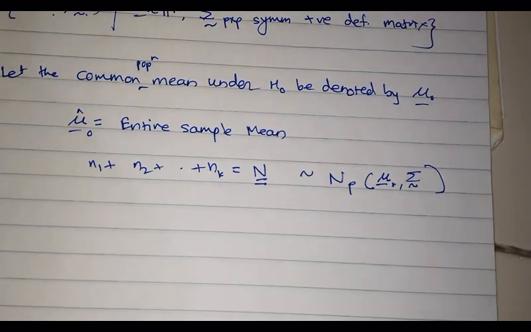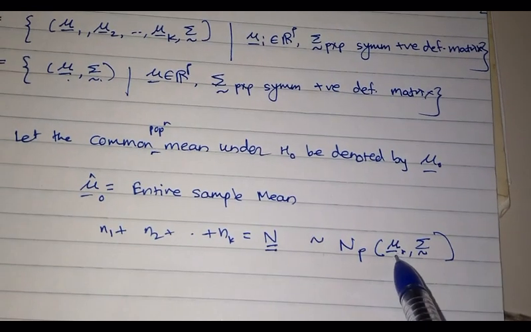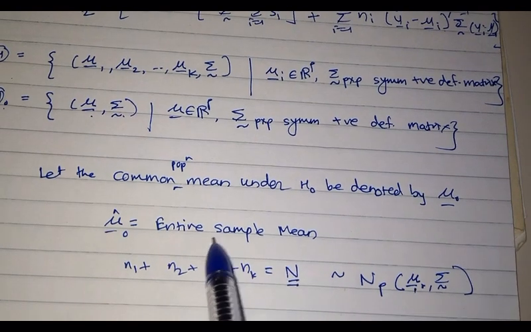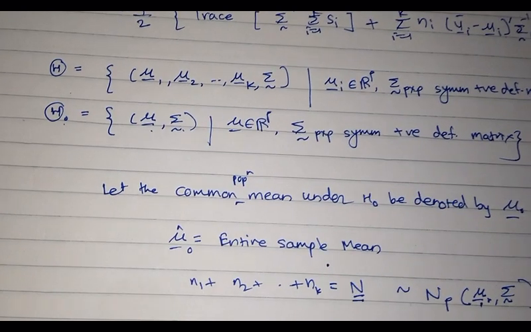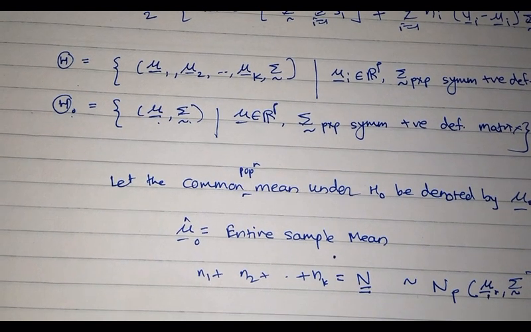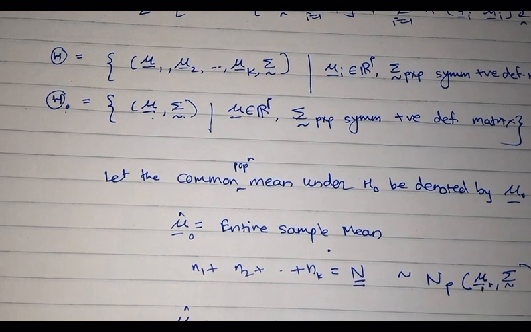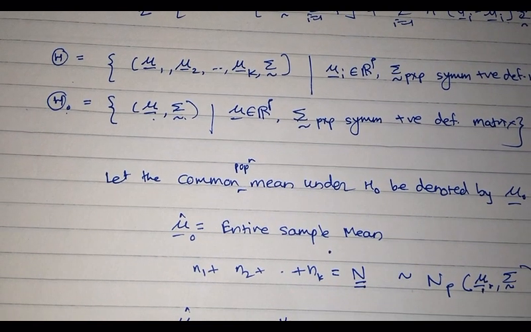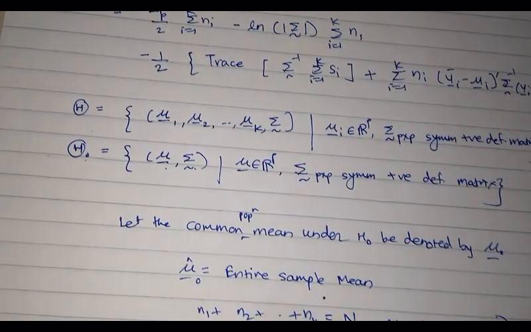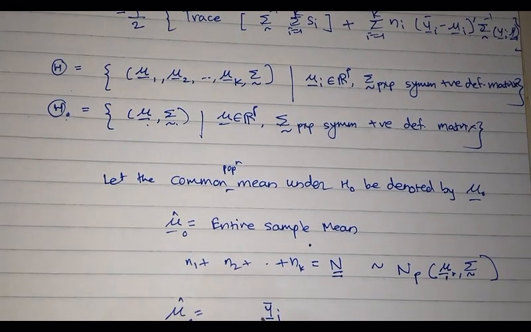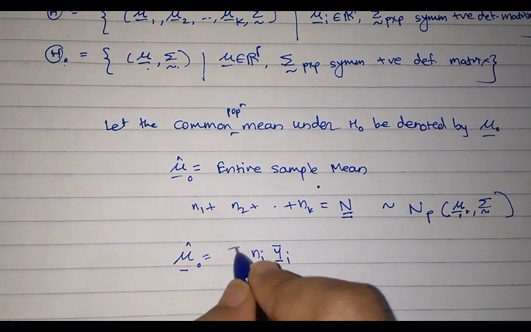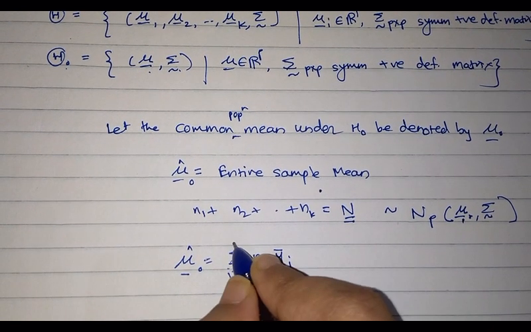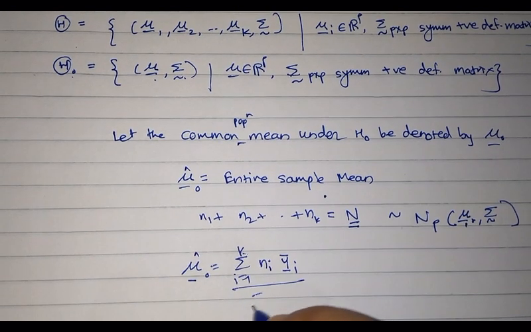As a result, we know that in such a scenario the common mean is estimated by the overall sample mean. So mu naught hat becomes the entire sample mean. If you want to write it in terms of individual sample means y_i bar, I need to multiply by n_i, i going from 1 to k, and divide by summation n_i. Right.